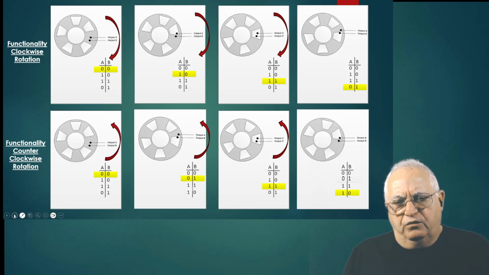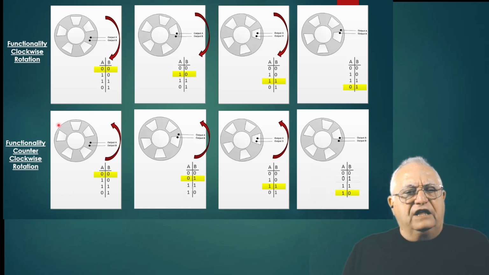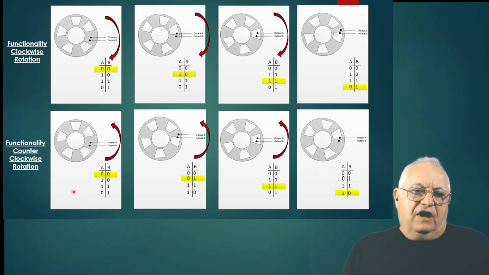Then let's rotate one more, and we see that A is 1 and B is 0. What I want to show you here is that when you rotate in one direction, you get a set of outputs, while if you rotate the other direction, you get a different set of outputs. So you can use some logic to figure out the sense of the rotation.